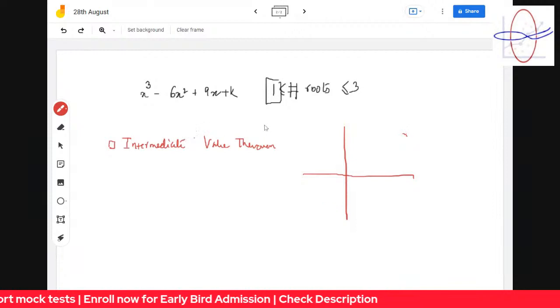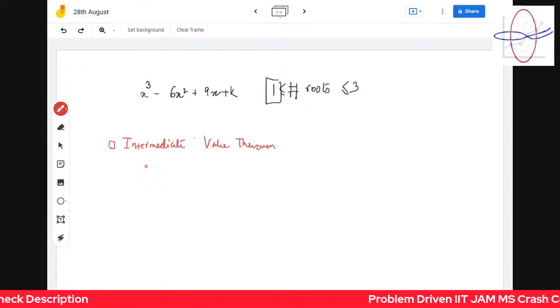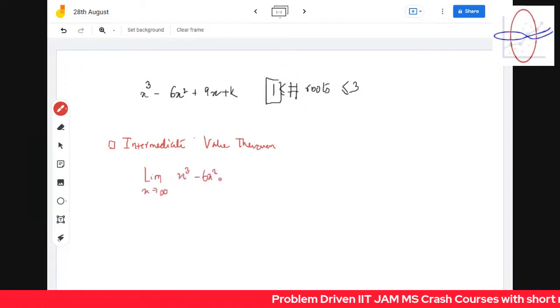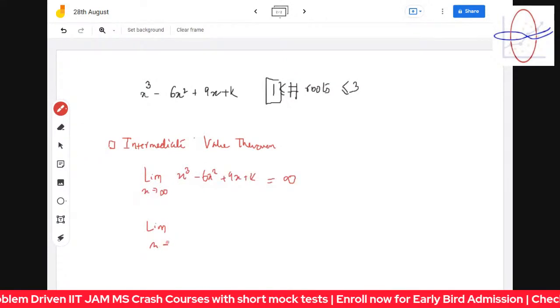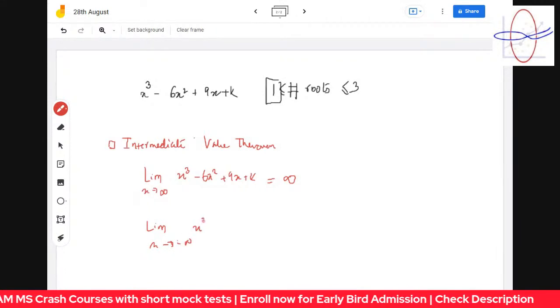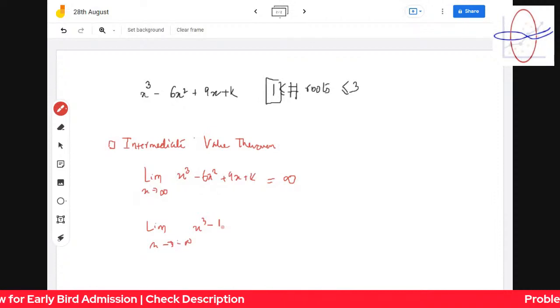Since it is a cubic function, the limit as x tends to infinity of x cube minus 6x squared plus 9x plus k must be infinity, right? And the limit as x tends to minus infinity of x cube minus 6x squared plus 9x plus k is equal to minus infinity. This is the basic idea.